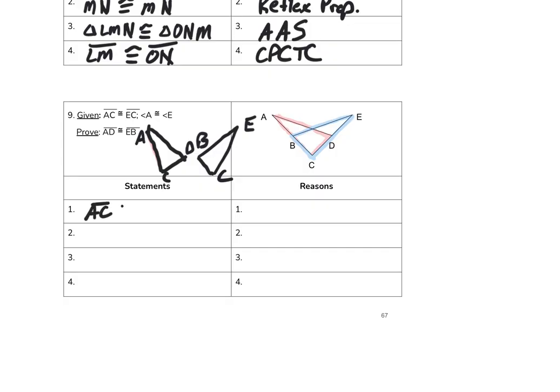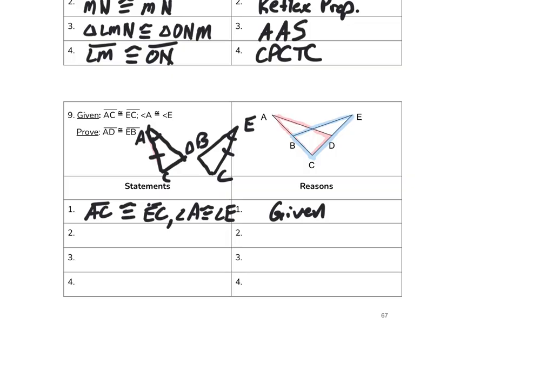Okay, we're going to start writing out our statements. AC and EC are congruent. Angle A is congruent to angle E. All of that is given. So angle A and angle E are congruent. AC and EC are congruent.